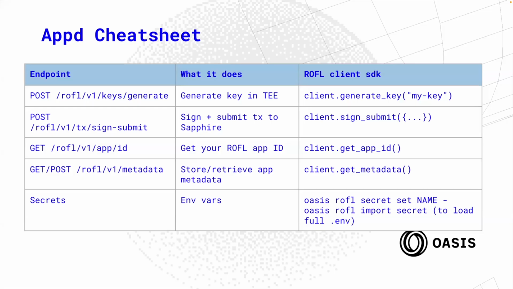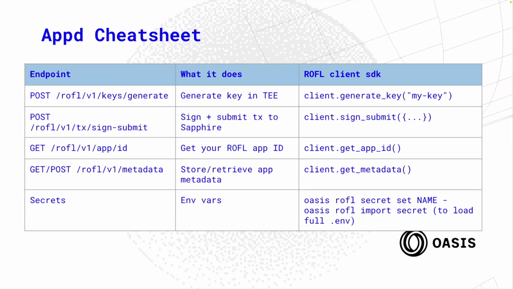In the meanwhile, a quick recap to the app-d. So the app-d has multiple endpoints. Like the first one is the keys generate. With this, you can generate keys, obviously. We have the client SDK to do that also. Then we have sign and submit. This is the sign and submit transaction to then validate via the subcall.